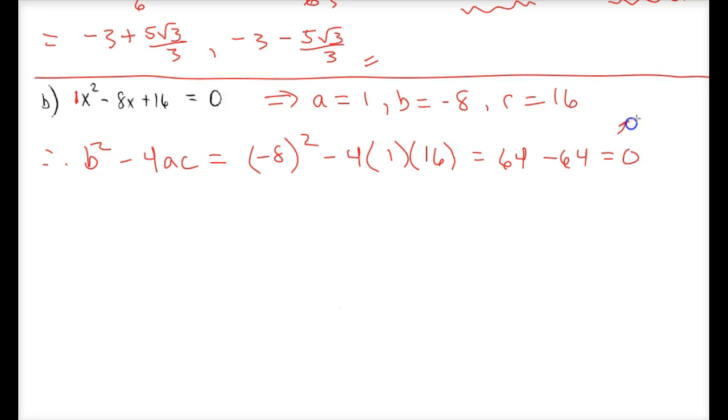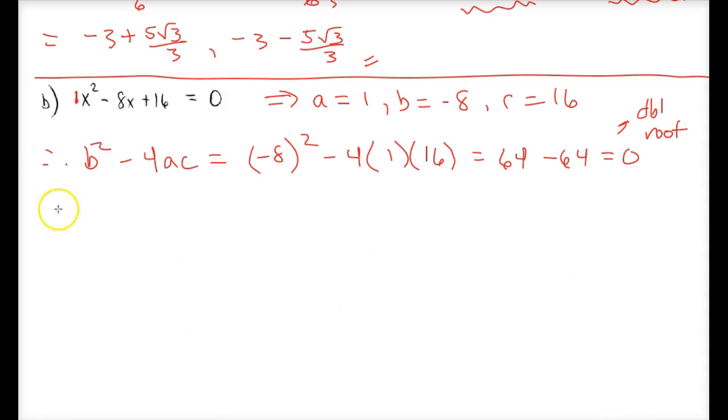So what this means is that we have a double root, meaning that we only have one solution to this quadratic equation. And so the graph of it, in this case, is going to look something like this, where it bounces off and goes like that. So that's what we know graphically what this is going to look like.